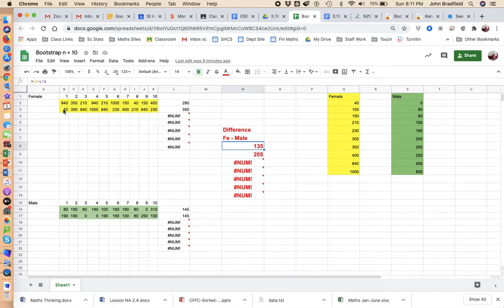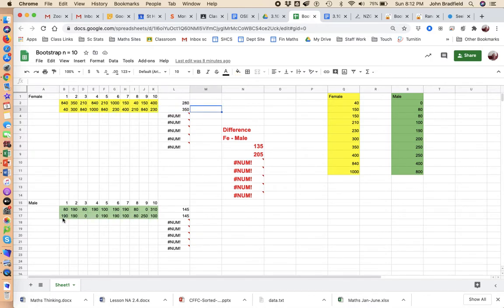When I redo it, and we did this in class and picked them out of the hat, the next time I did the female sample, I got a few repeats, a couple of the 840s, got the 1000 mentioned here, and got a few missed out. But anyway, we got a slightly higher median this time. This time the median was 350 for the females.